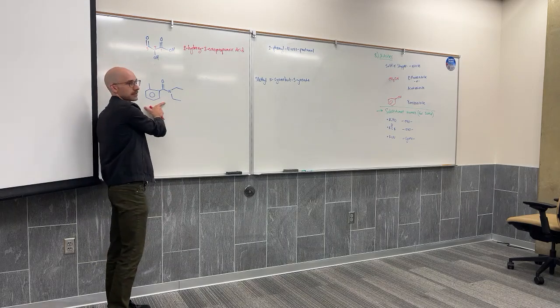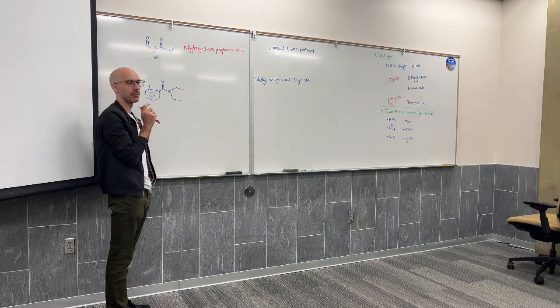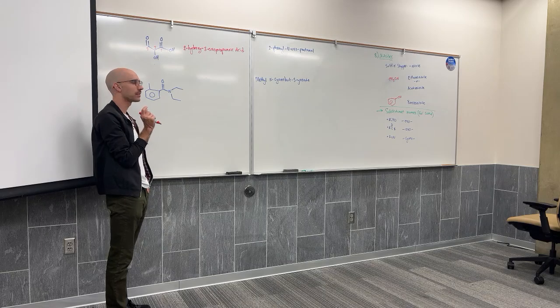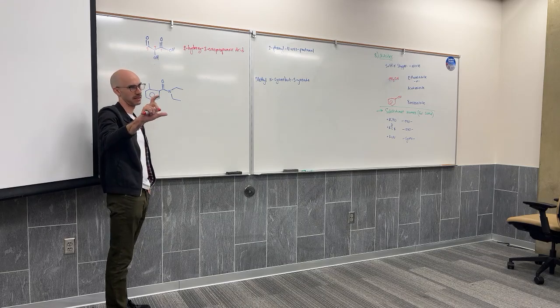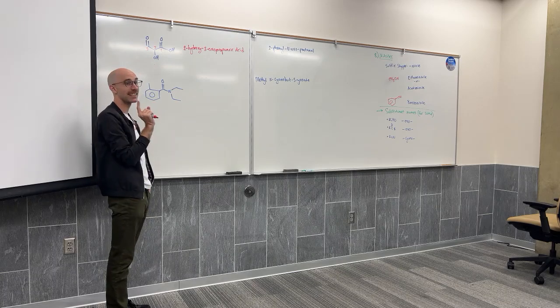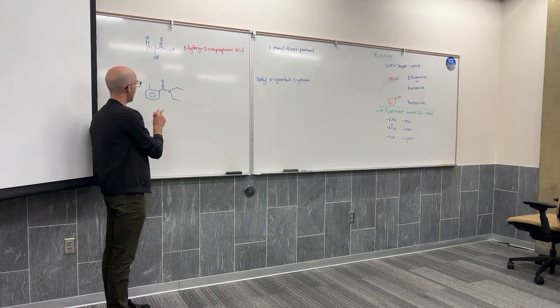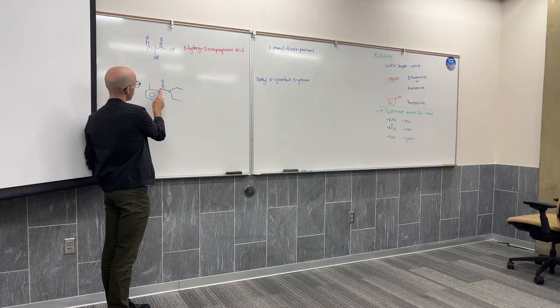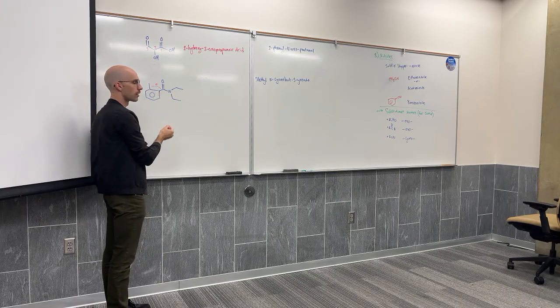Down here, this gets a little bit more challenging. My root is benzamide, kind of like benzaldehyde or benzoic acid or benzoyl chloride. This is benzamide, specifically N,N-diethyl benzamide. And the benzene is substituted ortho with a methyl group.